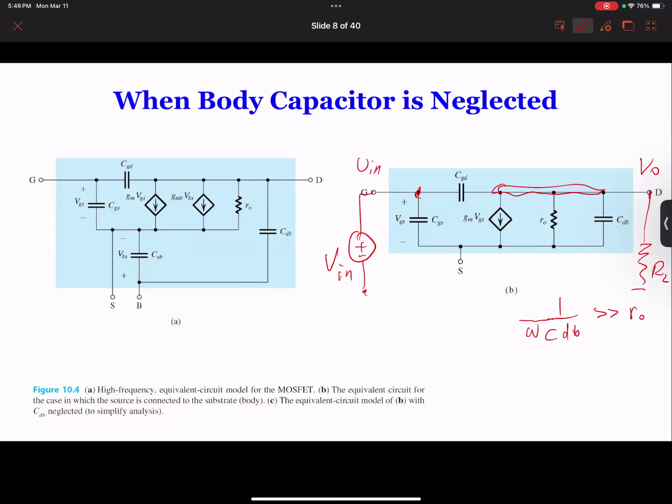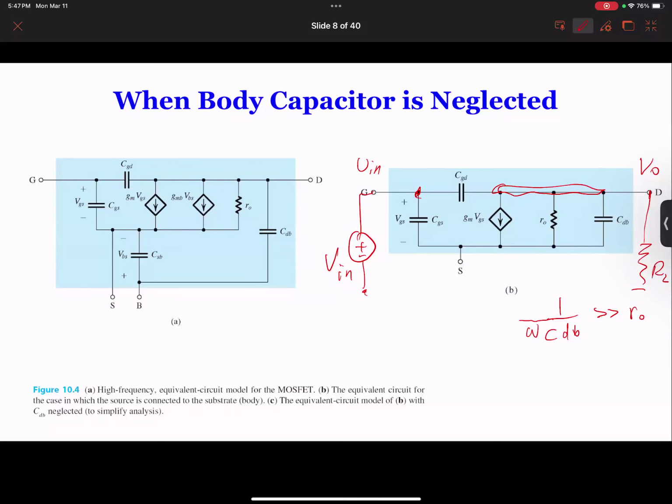So small Cdb means large impedance. So if that impedance is much larger than RO, which means the 2 in parallel, the larger one gets neglected. Only the small one would count, okay? So if you have 1 in parallel with 100, how much is that? Roughly 0.999, okay? So that's why this one can be generally neglected.